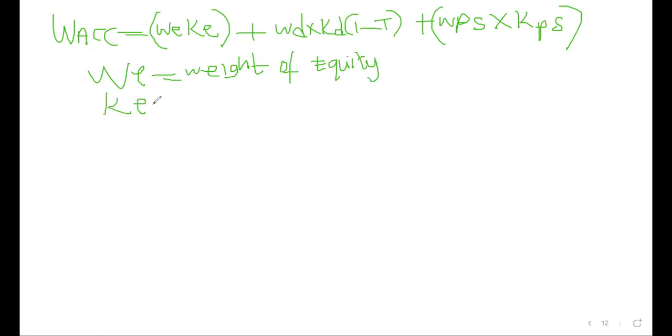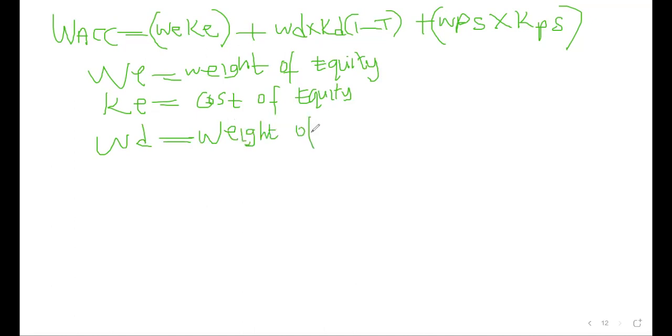KE is the cost of equity. Then this one is weight of debt. T is taxation.